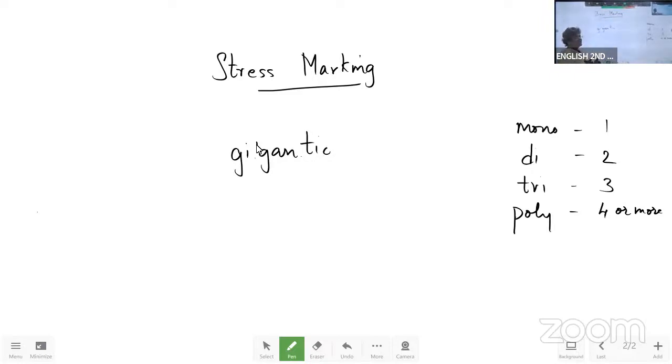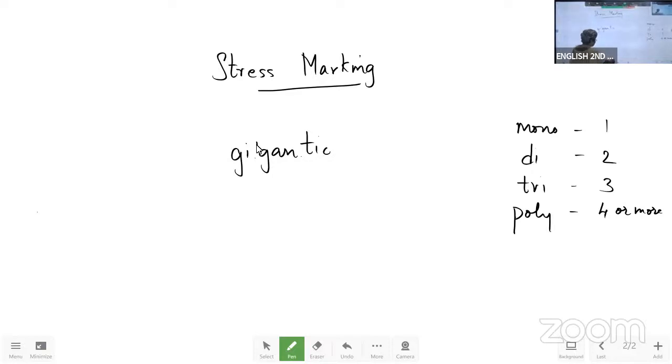And in dictionaries, you will either find a vertical bar over it, or gan is highlighted in bold to show you that stress is given on that particular syllable. So for stress marking, you put a small vertical bar over the syllable that you stress, that you put a little more stress on.